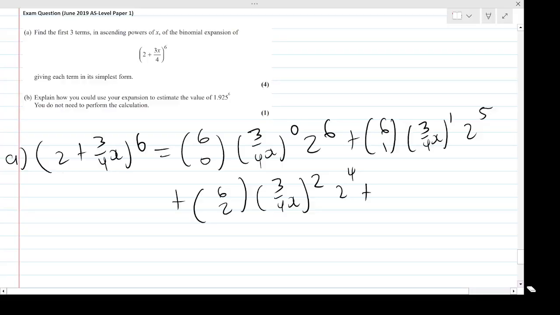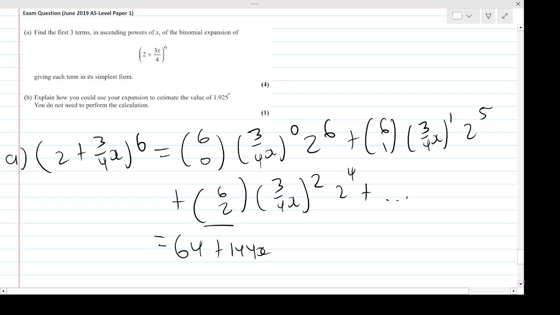So there we are. If we went to work that out, well, 6 choose 0 is 1, 3 over 4 x to the 0 is 1, and 2 to the 6 is 64, so 64 first. Then 6 choose 1 here is 6, 6 times 3/4 is 9 over 2, times 2 to the 5 is 144, so 144x.